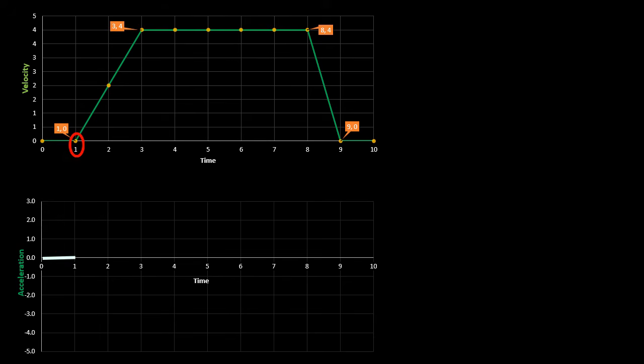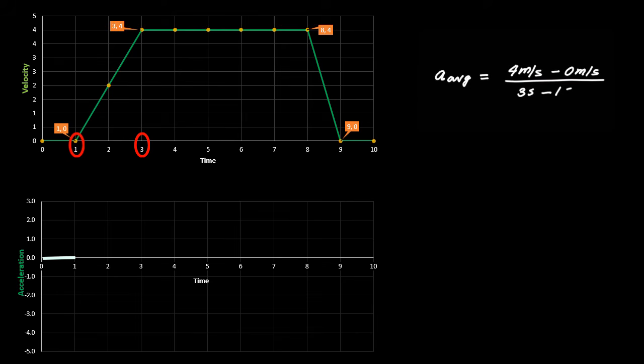Now, between 1 and 3 seconds, the car's velocity increased, which means it accelerated. And how we can find the average acceleration is by using this formula, that is Vf of 4 meters per second minus Vi, that is 0 meters per second, divided by time, that is 2 seconds, and this equals plus 2 meters per second square.